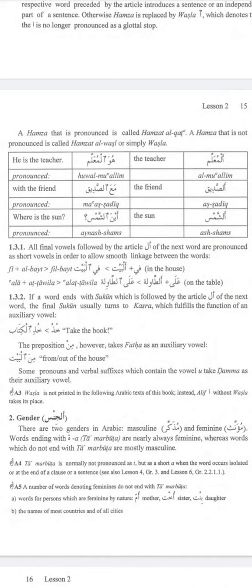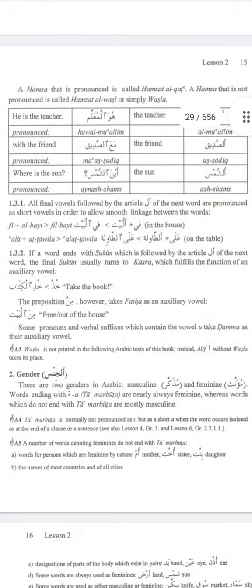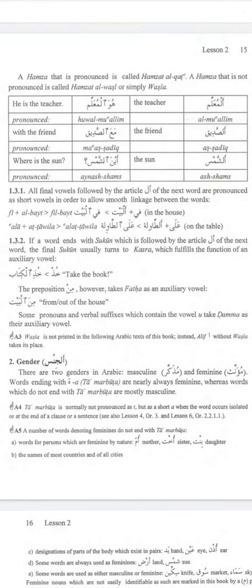So the next article 1.32 says, if a word ends with sukun, which is followed by the alif of the next word, the final sukun usually turns to kasra, which fulfills the function of an auxiliary vowel. So, like you have khudh al-kitab. Khudh al-kitab means take the book.